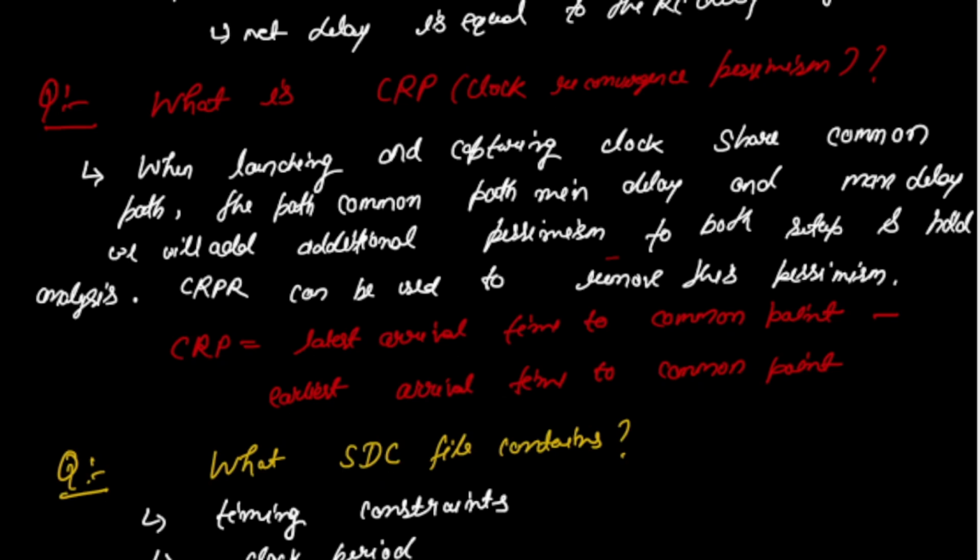The tool automatically removes the pessimism as per its algorithm, then checks the violation. Now, if the number of violations has decreased, then the final number of violations are considered real violations, because the remaining violations are practically possible violations.